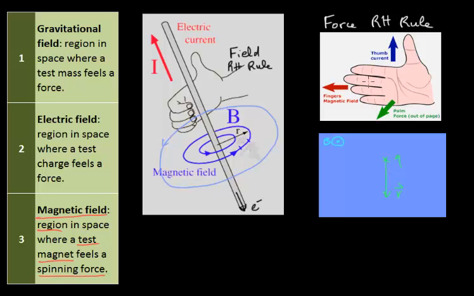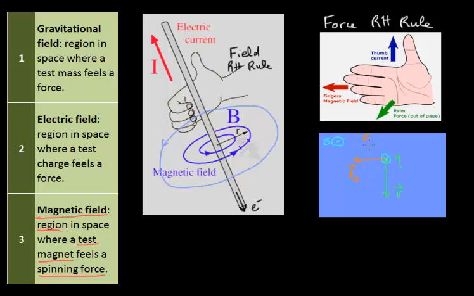And to figure out the direction of the magnetic force, I will use the force right-hand rule this time, not the field right-hand rule, not to confuse the two. So I have my thumb pointing downwards, my fingers pointing out of the page because the magnetic field is out of the page. And when I do this, you realize that your palm is directed towards the left. So this is the direction of the magnetic force.